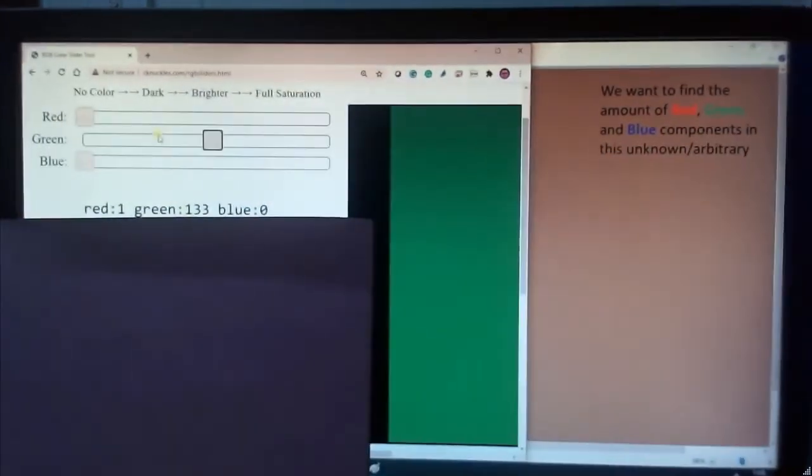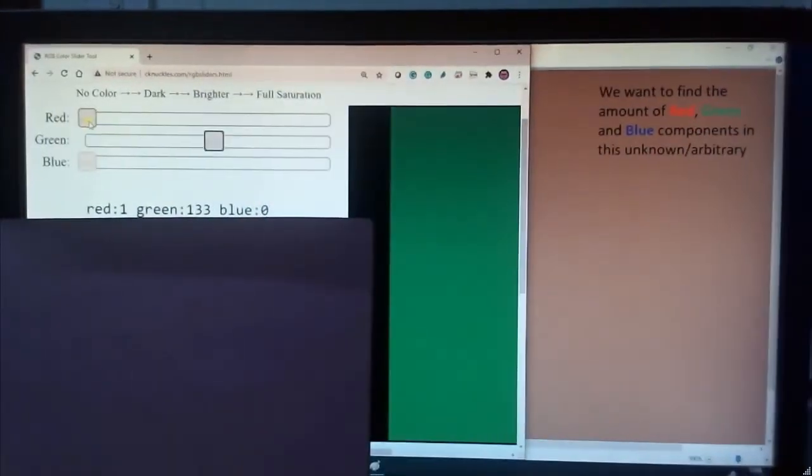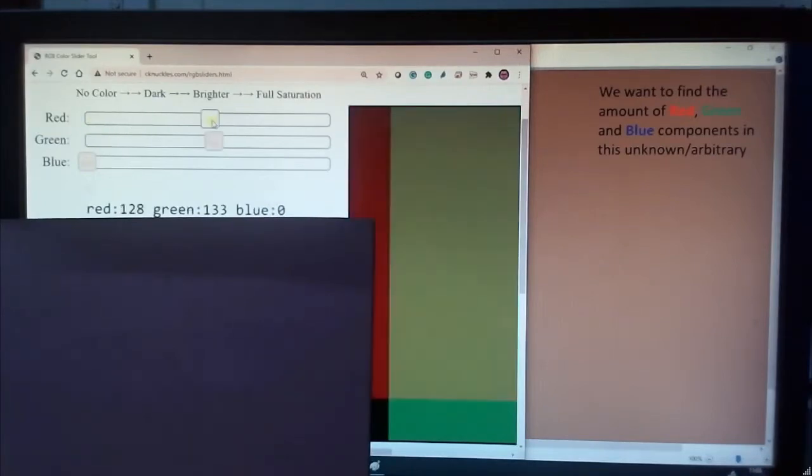Now let me mix red with an amount of 175, as we found, green 133 and blue about 100, and you see that these two colors match quite well.